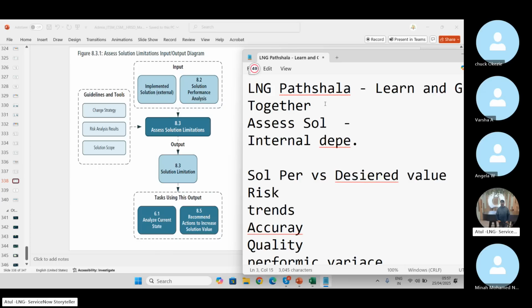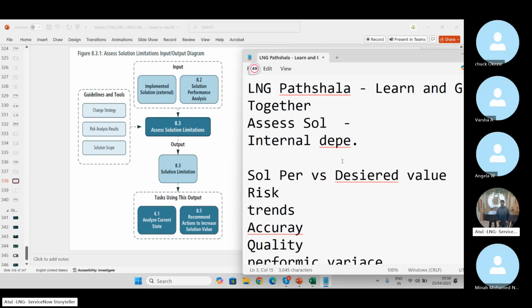Dependencies are there, and due to this you're not able to realize the full value. You purchase ServiceNow, but only 2 departments are using it, and you have 10 departments in your company. It means internal dependency is one of the biggest reasons you're not able to realize the full value.